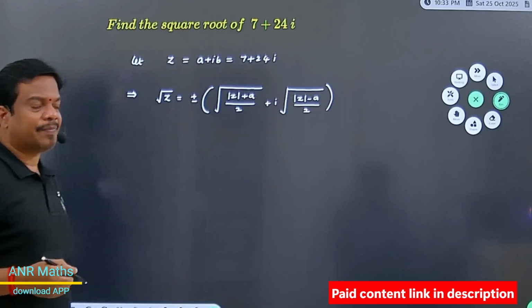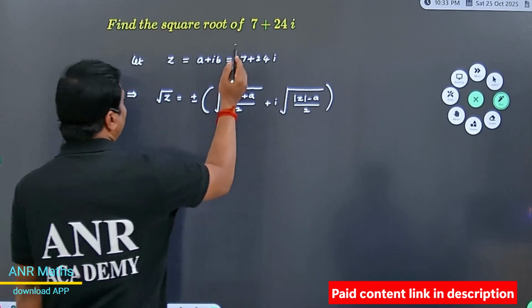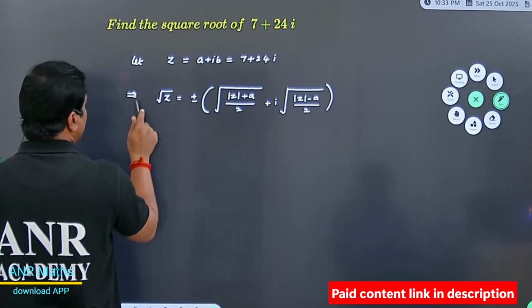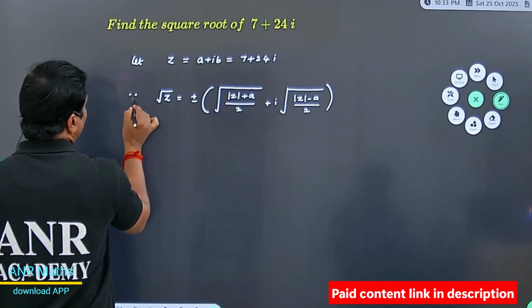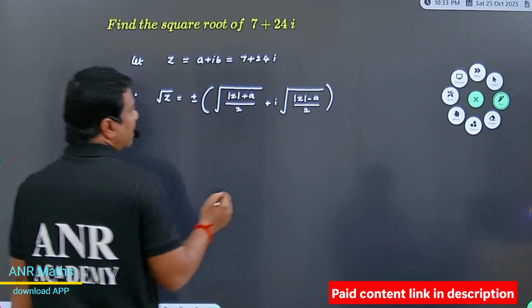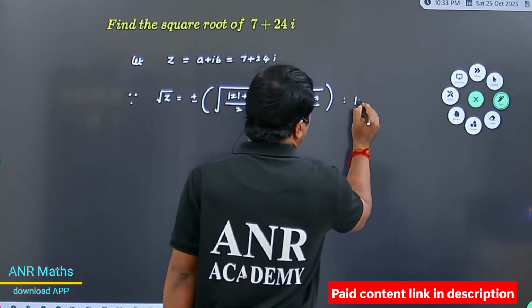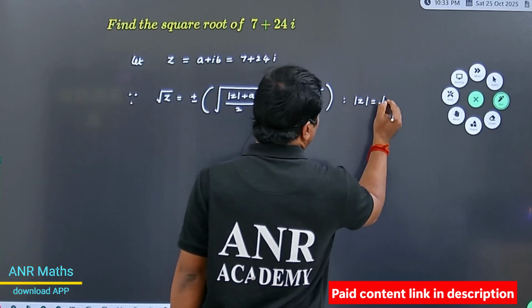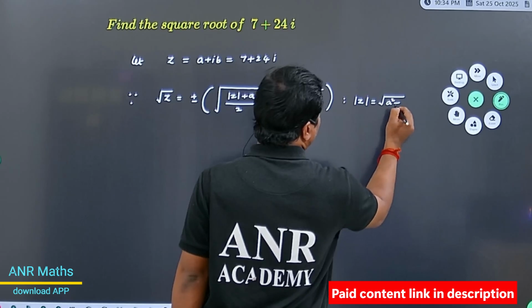Using this we can find the square root of 7 plus 24i. Remember the formula for mod z, where mod z is root over a square plus b square.